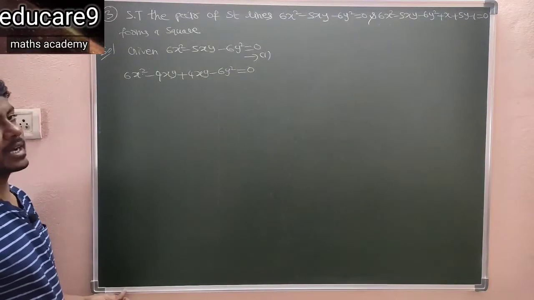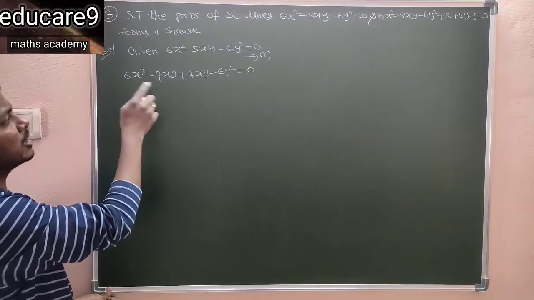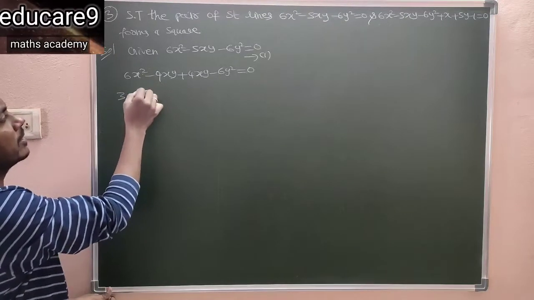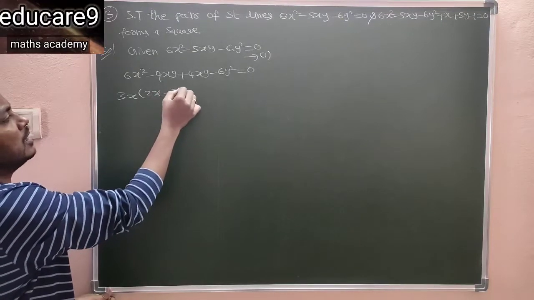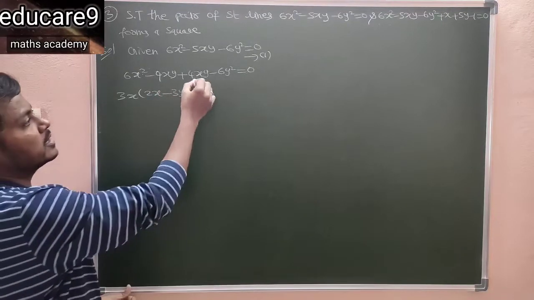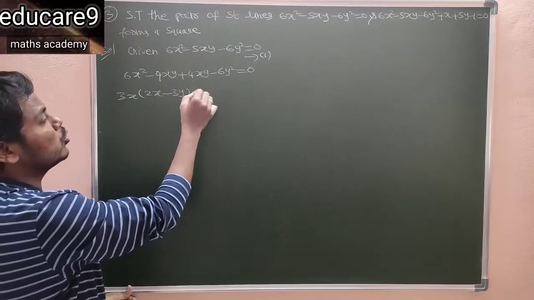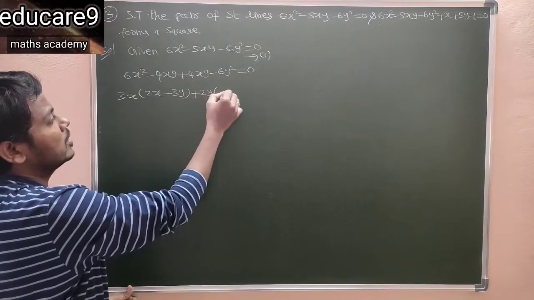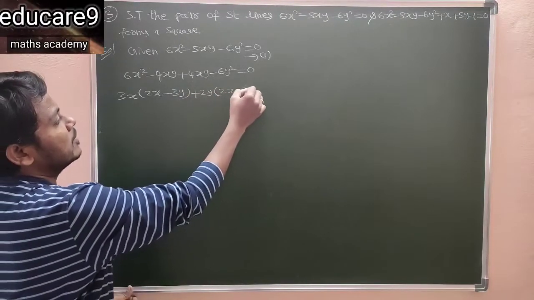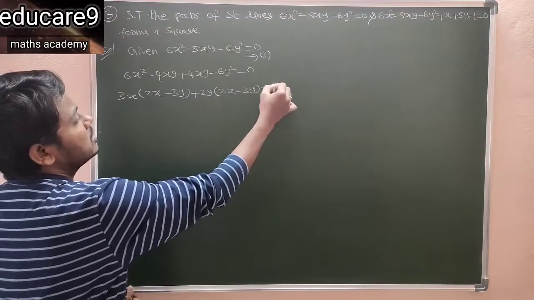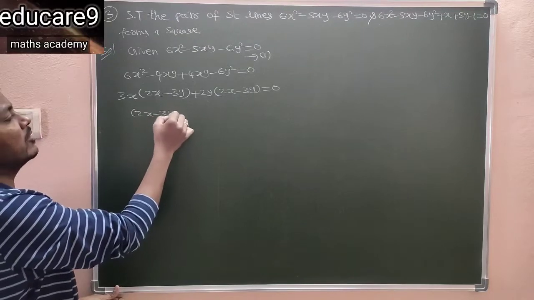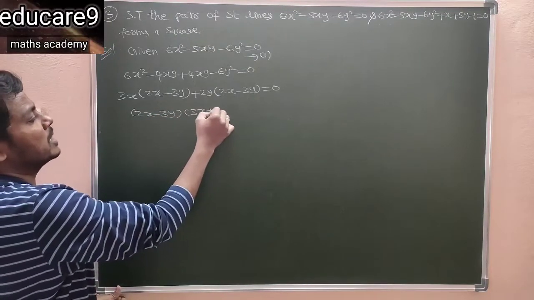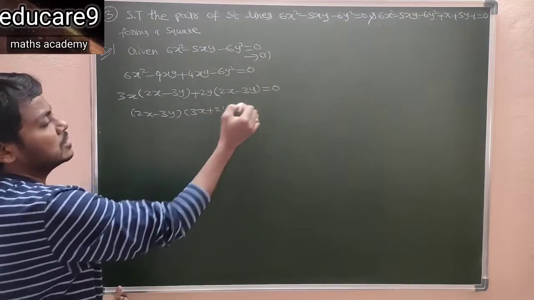Okay, find the factors here. Now in both terms 3x is common. You will get 2x minus 3y. Next here in both terms 2y is common. You will get 2x minus 3y equals 0. So clearly, this is 2x minus 3y into 3x plus 2y equals 0.